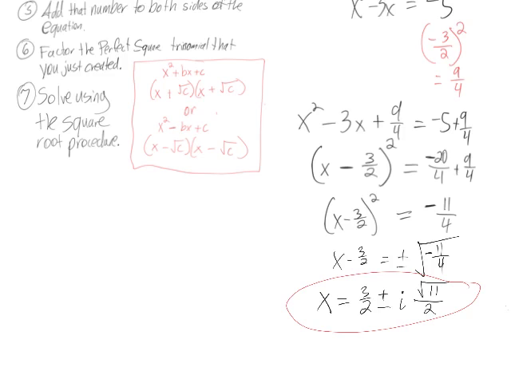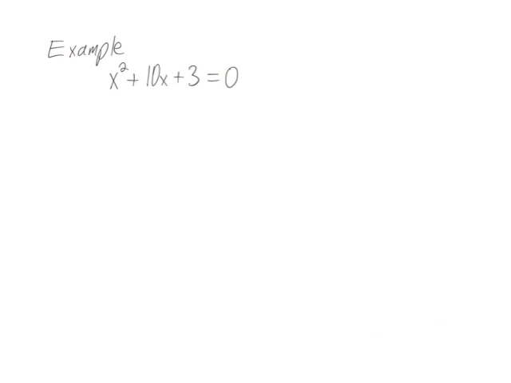Okay, let's take a look at another application for this process. Actually, this is just another example of the same process here. So again, we would divide through by our leading coefficient, but our leading coefficient is 1. That's not going to change anything if I do that.